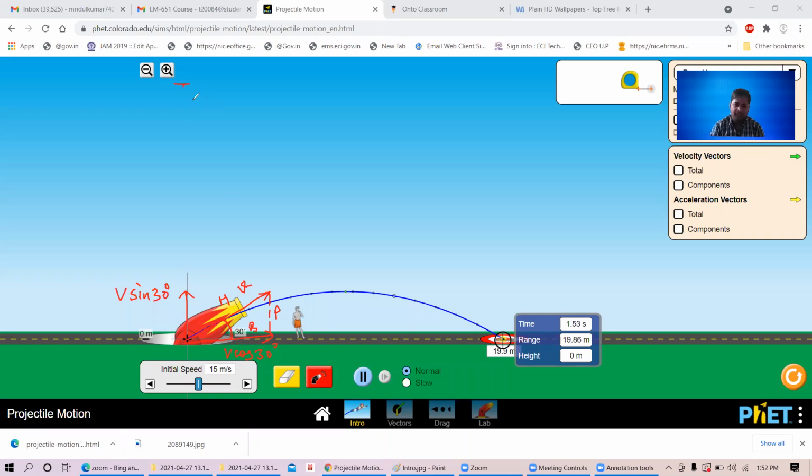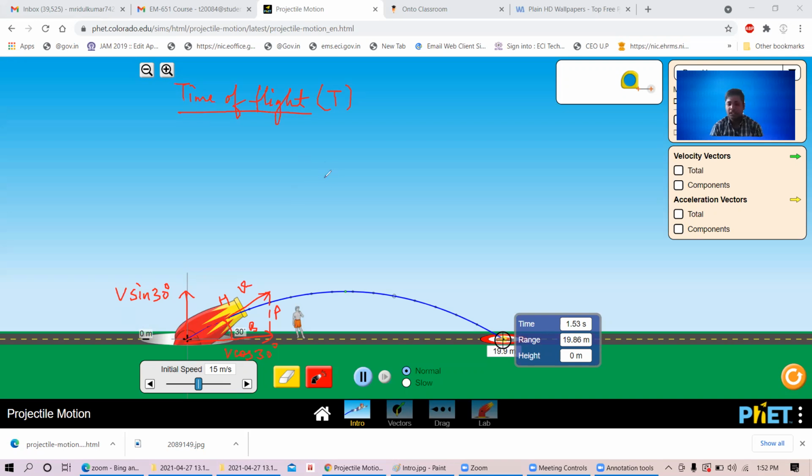The time of flight is the time for which the particle is in the air or in any medium, until it hits the ground again. So the time of flight is the time taken by the particle to go from the point it was projected to this point, and it is represented as capital T.